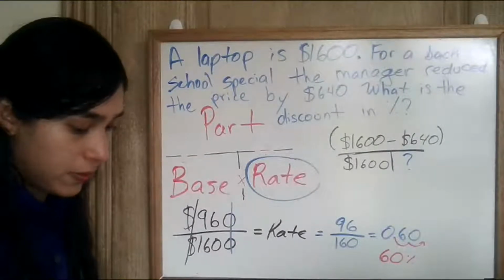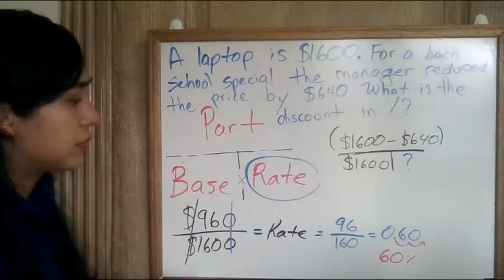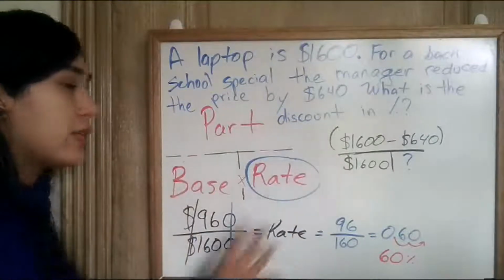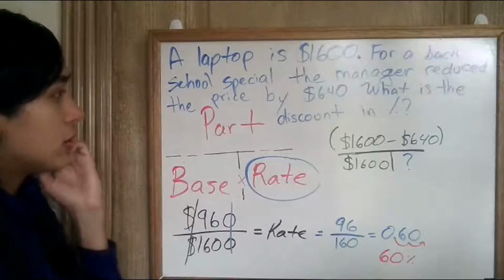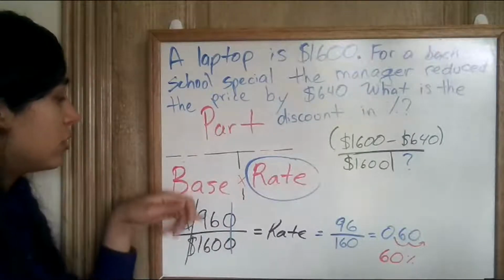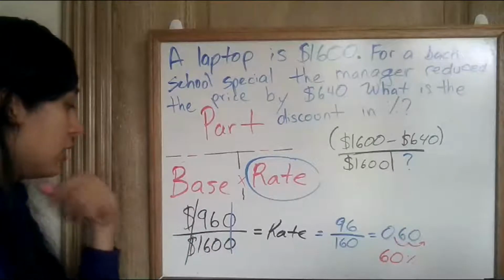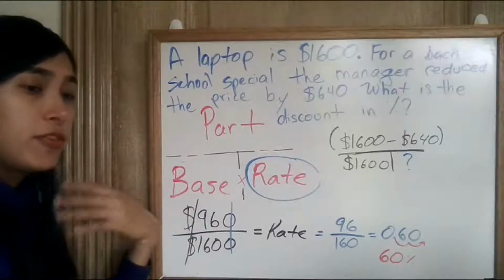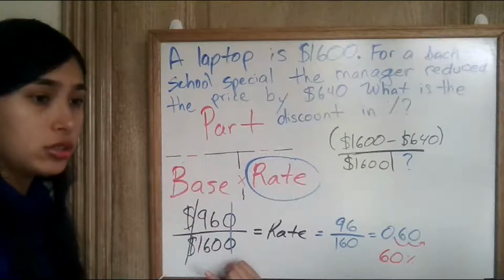Okay. So you want to see, okay, not sure if you did your math correctly, seeing that 60%. So $960, does that look like 60% of 1600? Yeah, because 50% or half of 1600 would be $800.